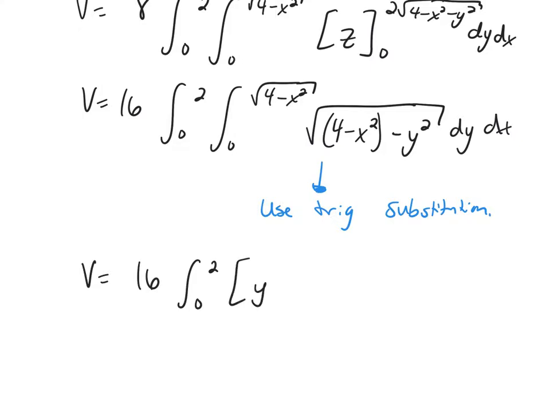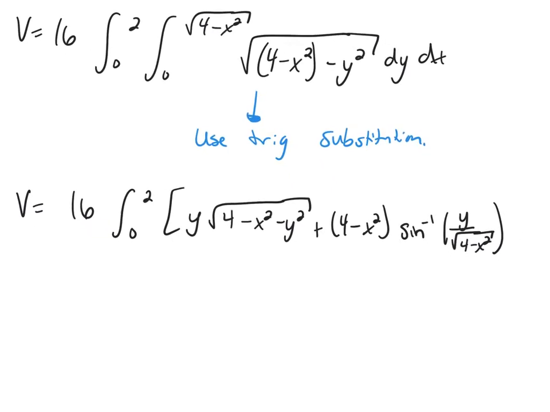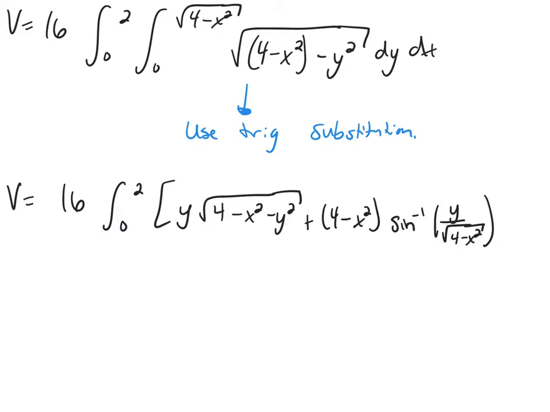You should get y times the square root of 4 minus x squared minus y squared plus 4 minus x squared times arcsine, or sine inverse, of y over the square root of 4 minus x squared, from 0 to the square root of 4 minus x squared.